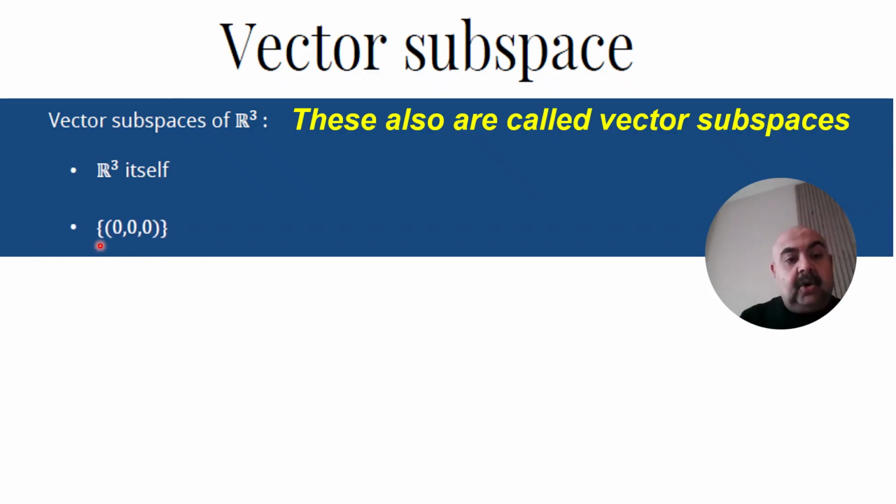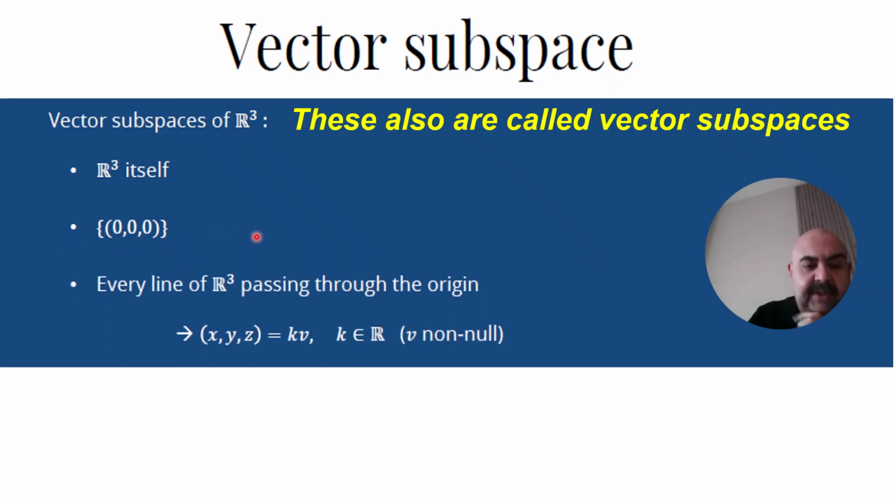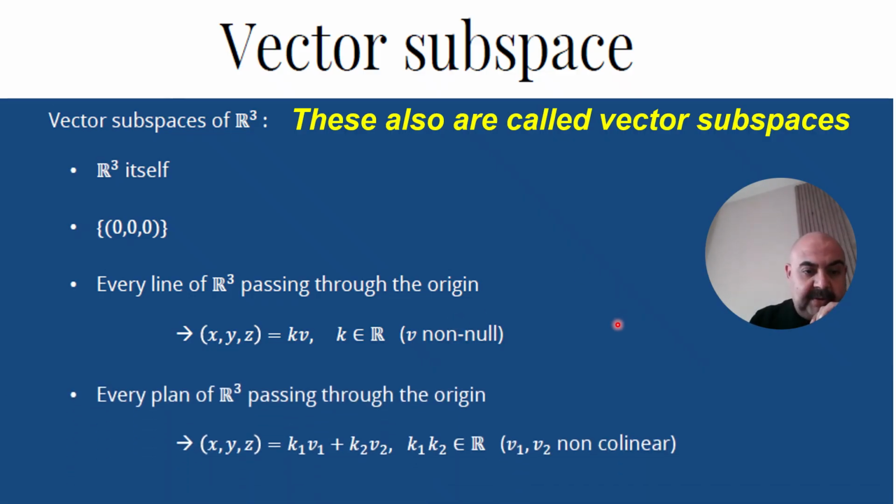The set of just the origin by itself represents a subvector space of any vector space, so this represents a subvector space of R3. Every line in R3 passing through the origin is a non-null set and also represents a subvector space of R3.